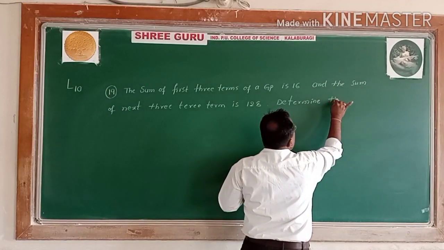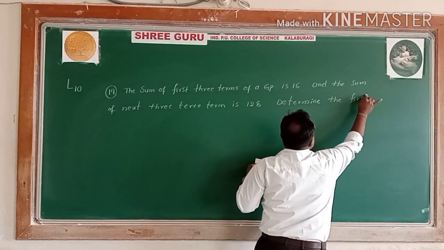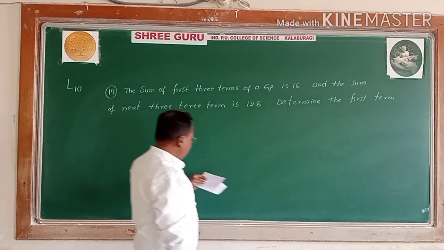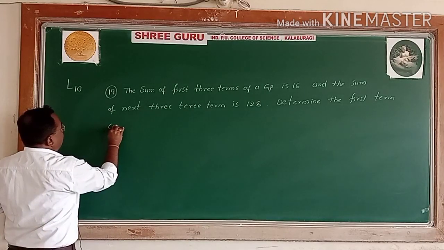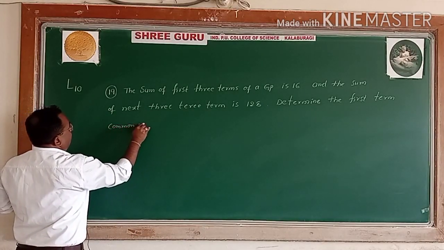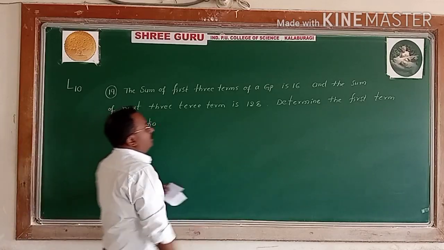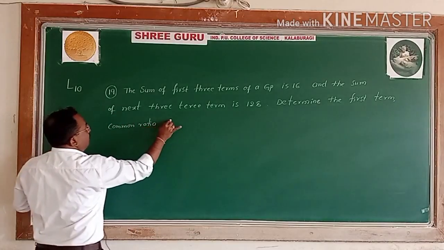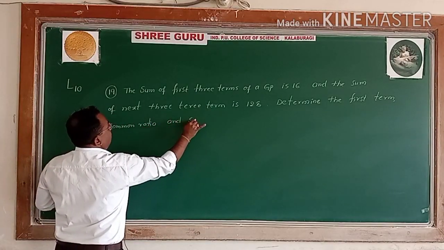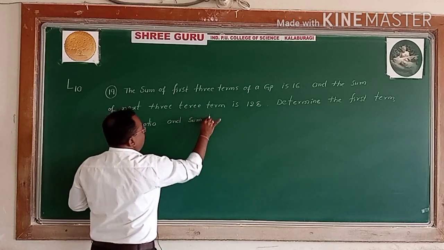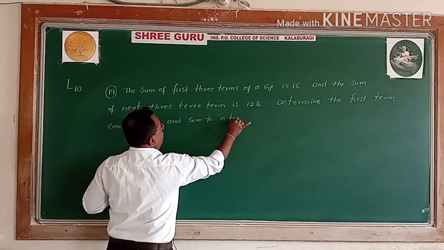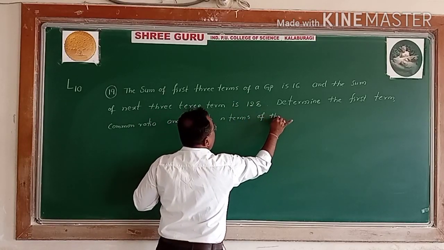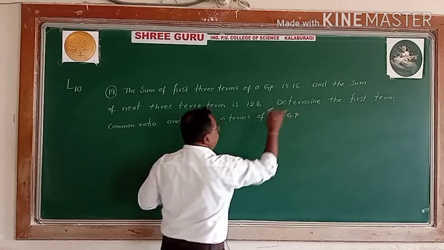Determine the first term, common ratio and sum to n terms of the GP.